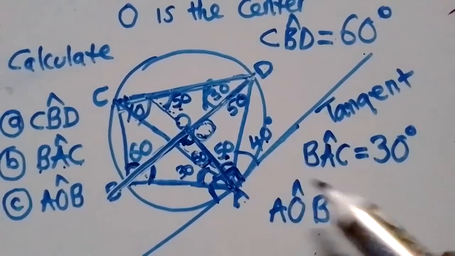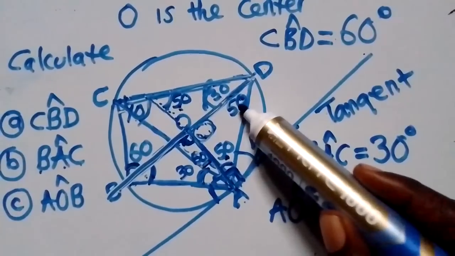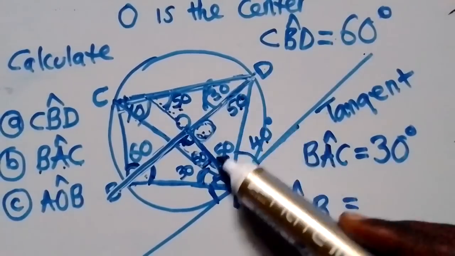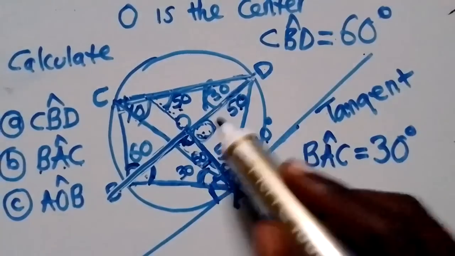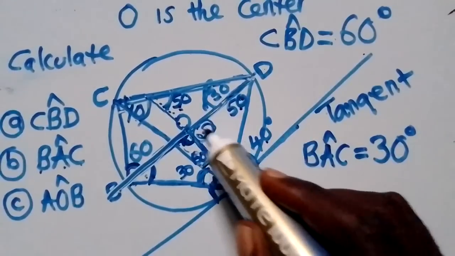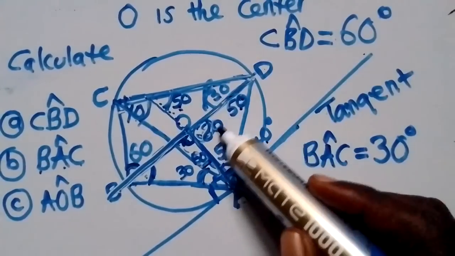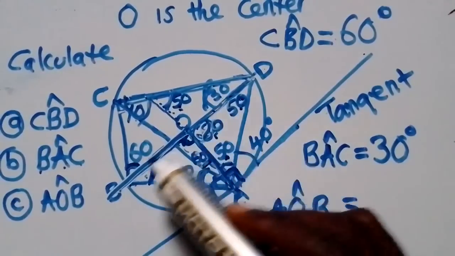So it means the angle which is there is a 50. Since we found a 50 there, let's find the angle which is there. If you add these two, you are going to get 100. From 180, here you are going to have 80, such that 180 minus 100 is 80. Then this is making a straight line here.